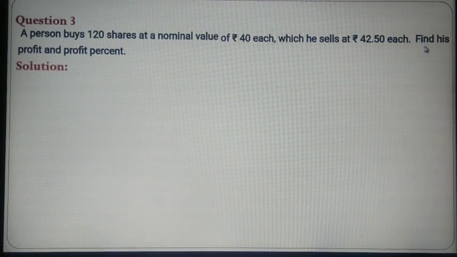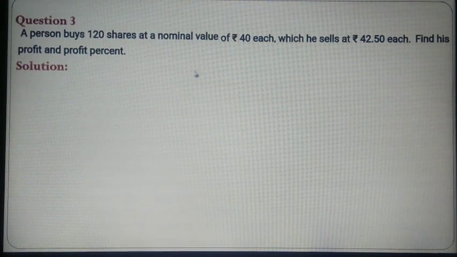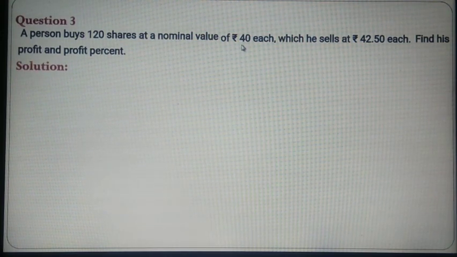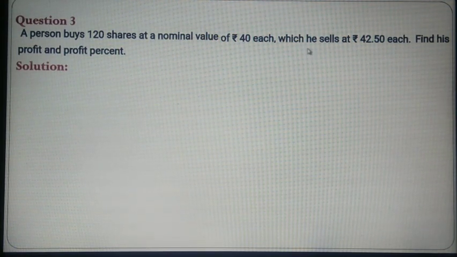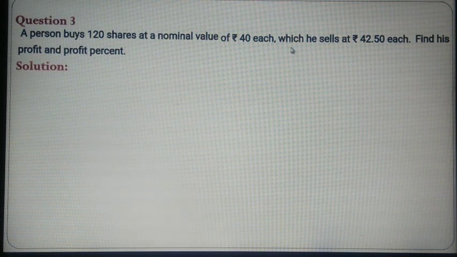The question is asking to find his profit and profit percent. It is quite obvious, because the nominal value is this much and the amount at which he sells, his market value, is already greater than this 40. So there is a case of profit in this particular problem.